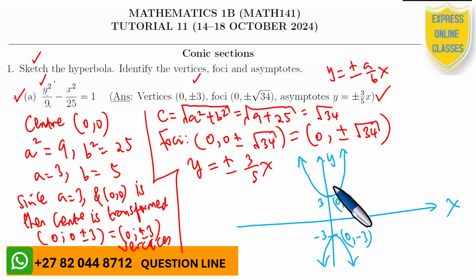The foci, we obtain from c, and it's going to be the square root of 34. It's just about close to the square root of 36, so it's like 5 point something, excuse me. So you have the square root of 34 and minus the square root of 34.